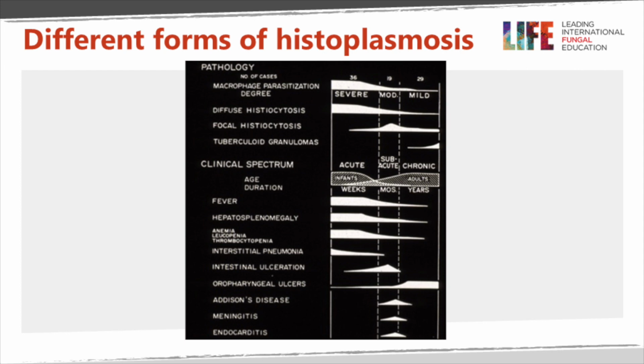Again, you get more fever, hepatosplenomegaly, pancytopenia, and interstitial pneumonia in severe progressive disseminated histoplasmosis, whereas the mild chronic forms of disseminated histoplasmosis give you much more oropharyngeal ulcers, and maybe features of Addison's disease as a typical feature.